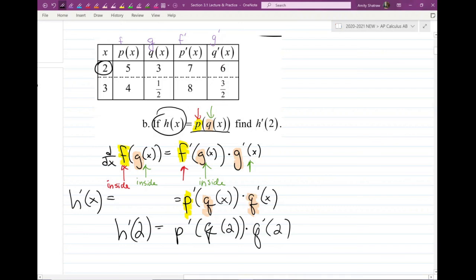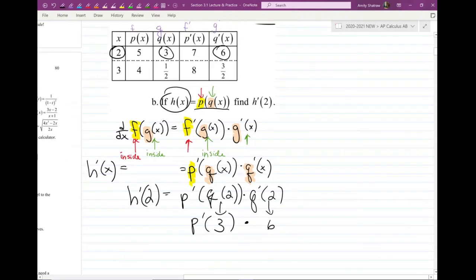Here's the 2, and here q of 2 is a 3, and q prime of 2 is a 6. I don't have enough colors to highlight these, so I'm just writing them down. Okay, so then I should bring down the rest of the problem. There's a p prime left here that I still haven't evaluated, but q prime of 2, I evaluated that, and I found out that it was 6.